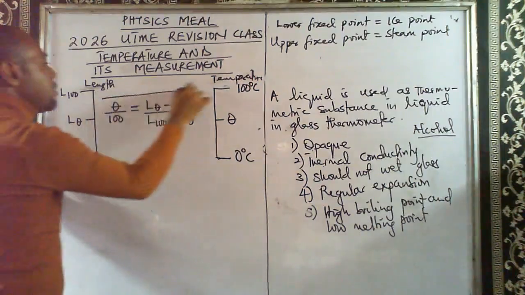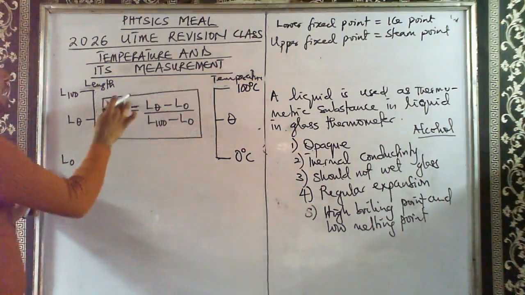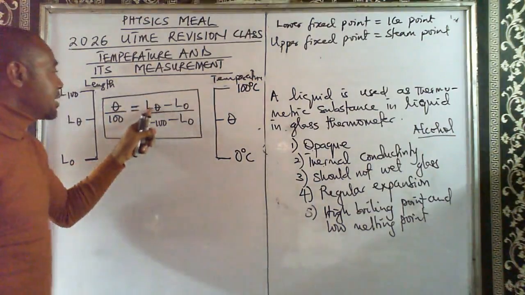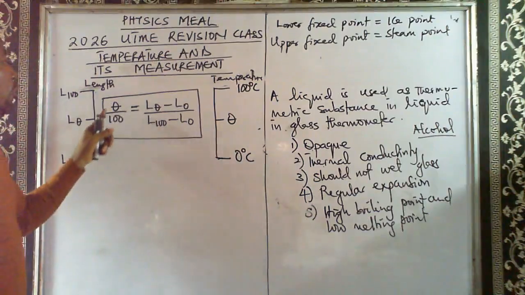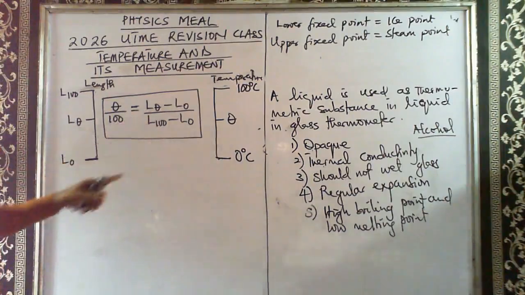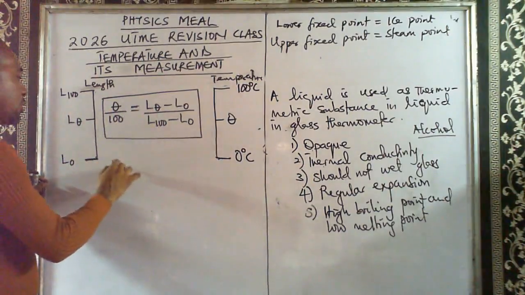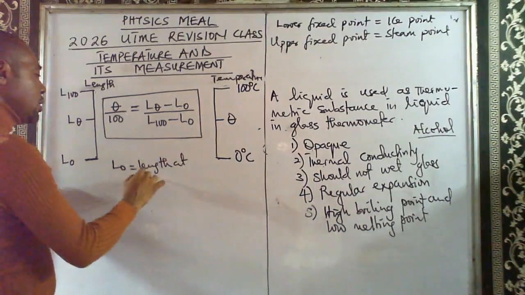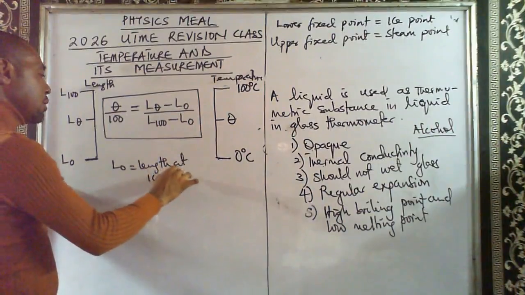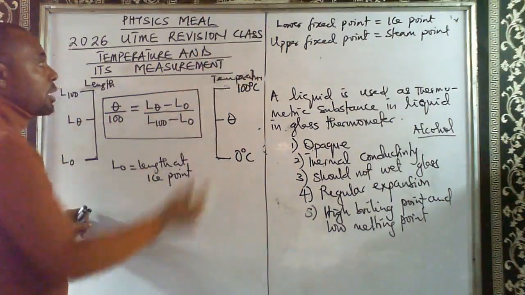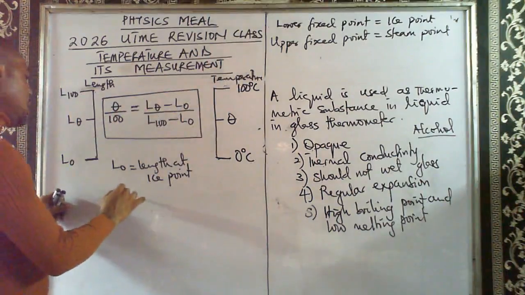I can use this relationship to find temperature for any given what? Length, or to find the length of the mercury column for any given what? Temperature. So in this case now, we can see that L0 is the length at what? Ice point. The length of the liquid that is used in the liquid in glass thermometer at ice point.